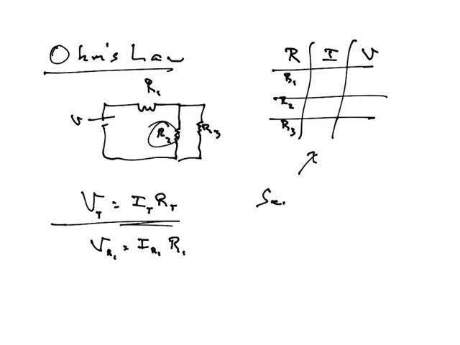So for series, voltage different, current is the same, and then in parallel it's the opposite. In parallel, each branch of the parallel piece will drop the same amount of voltage, and by the way, that's the same as the total voltage drop by the whole parallel piece as if it's a single resistor. But the current that goes through each branch is different.